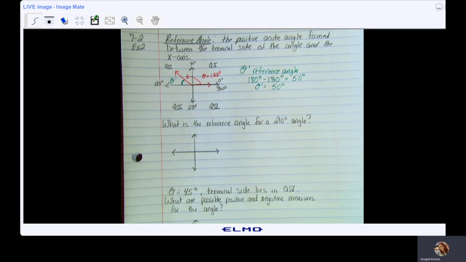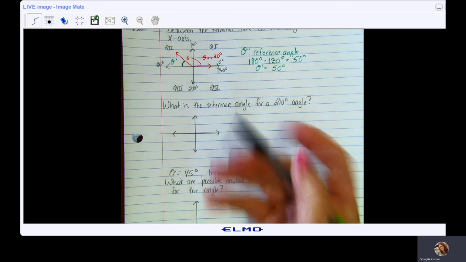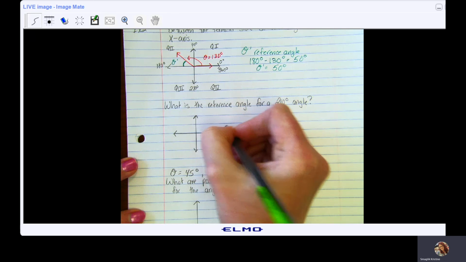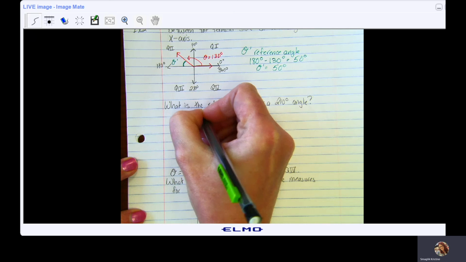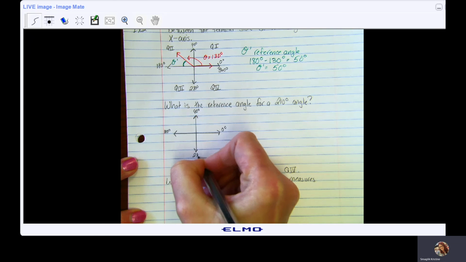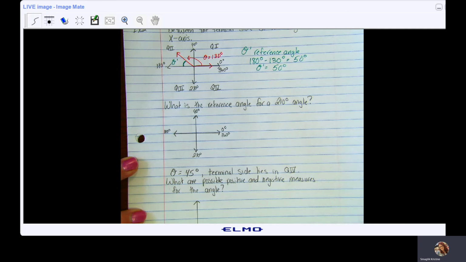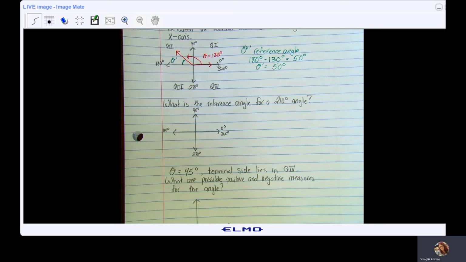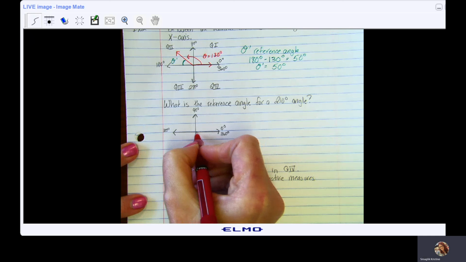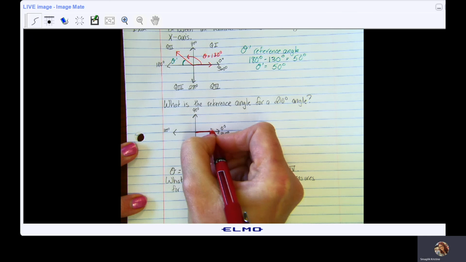Now let's do another example. What is the reference angle for a 210 degree angle? Okay, so let's remember this is 0 degrees, 90 degrees, 180 degrees, 270 degrees, 360 degrees. And let's graph 210 degrees, standard position. My initial side lies on the x-axis, positive x-axis.